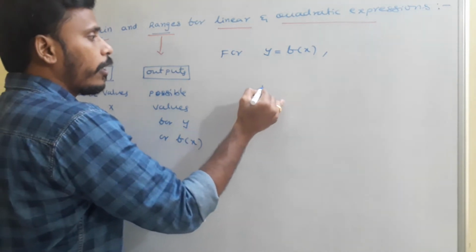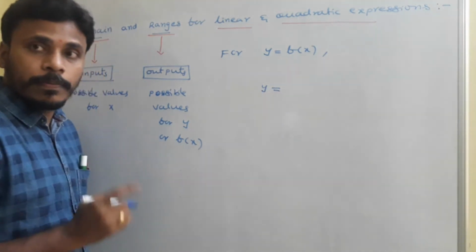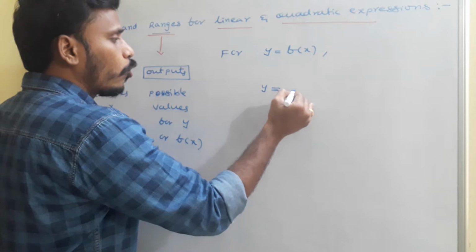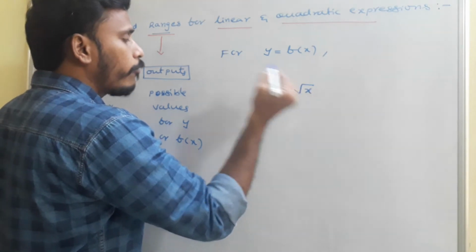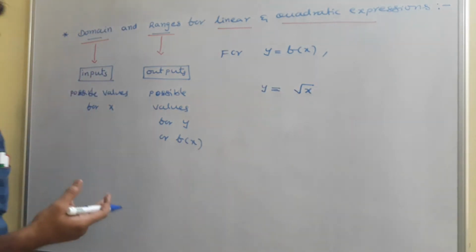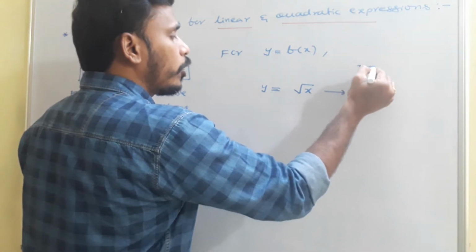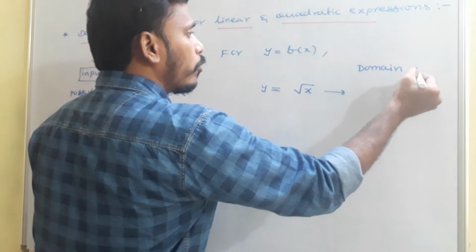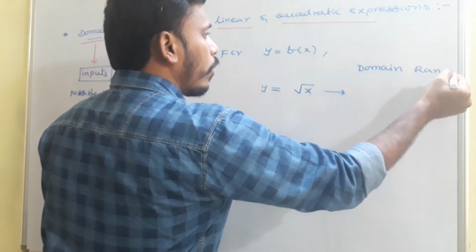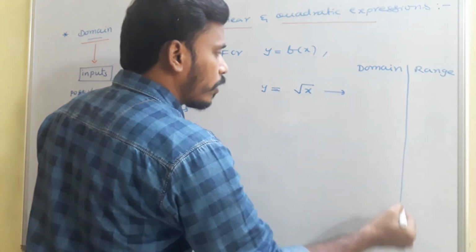Suppose I give you the function y is equal to root x. If y is equal to root x is my function, or you may say my expression, then what do you say about the domain and what do you say about the range? To know about domain and range, I am giving you some examples.